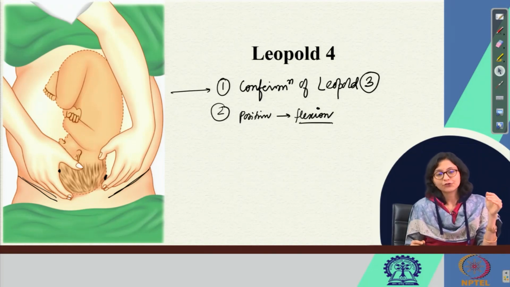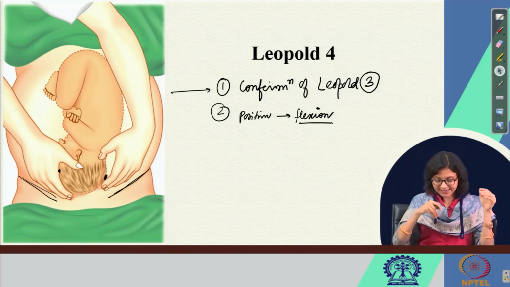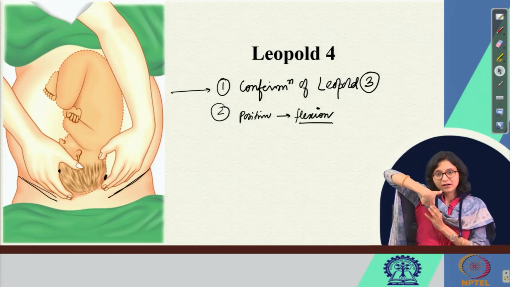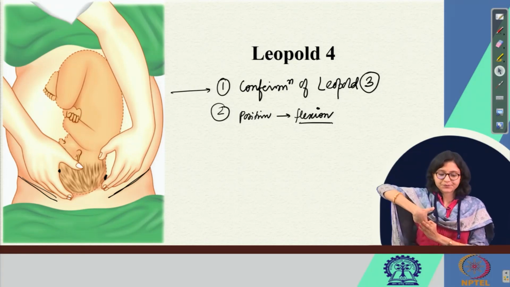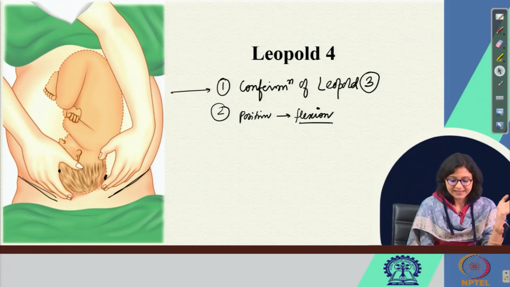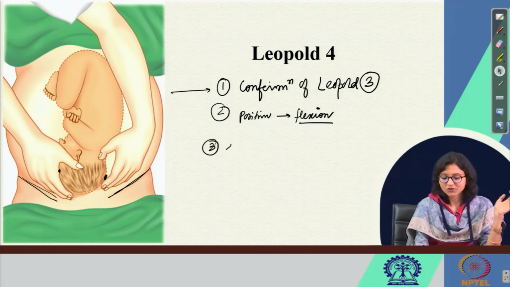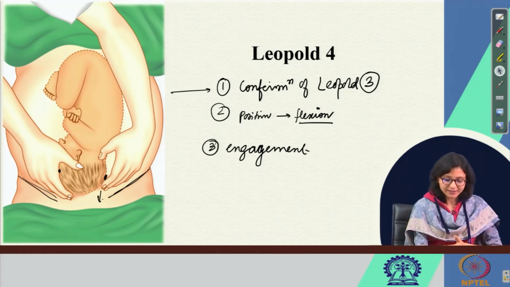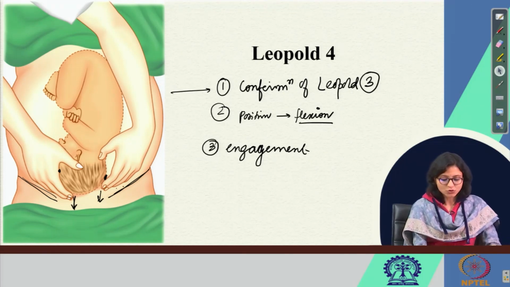Now, regarding the attitude of flexion: if the fetal head is flexed, then the occiput will be at a lower level than the sinciput. Another thing is whether engagement has occurred or not. If the head has gone inside the maternal pelvis, then these two fingers cannot oppose.